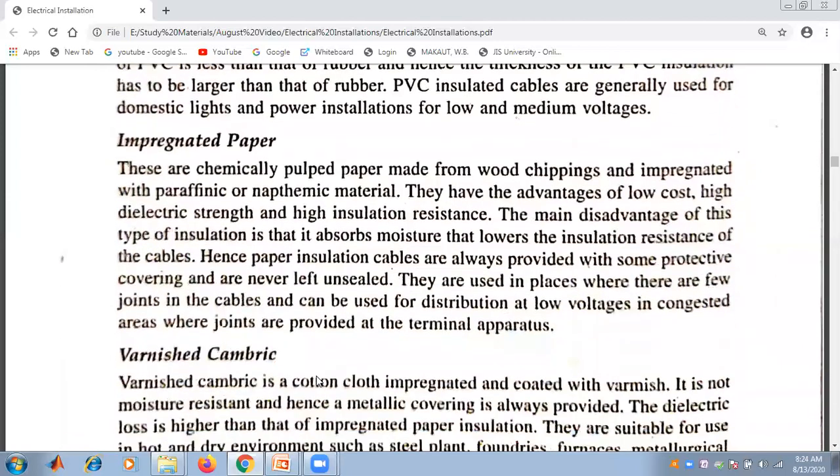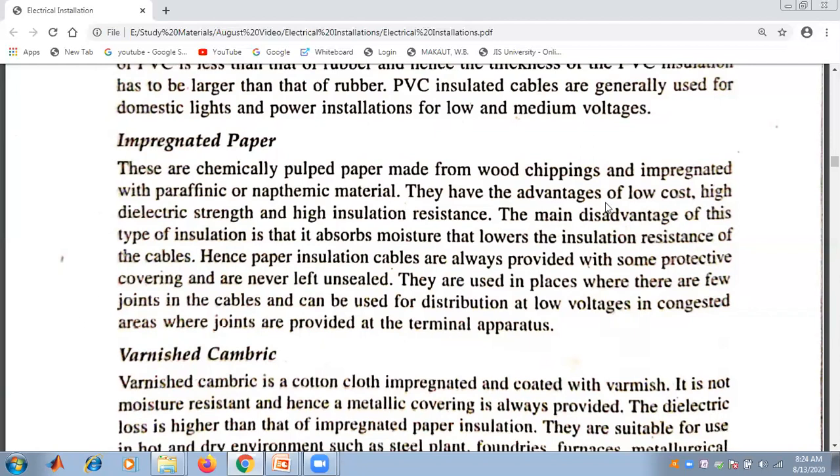Another is the impregnated paper. These are chemically pulped paper made from wood chippings and impregnated with paraffinic or naphthenic material.